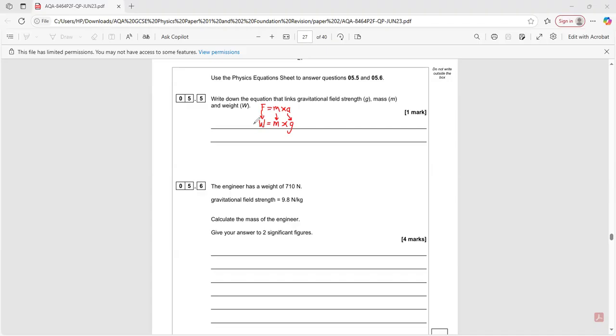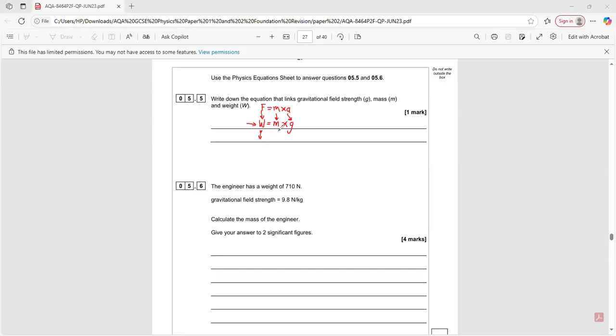That's why I said that weight is a force. It acts downwards, towards the center of the earth. Weight is a vector quantity, which means it has a direction. But mass does not have any direction. If I ask you what's your mass, you probably say 50 kg or 70 kg.